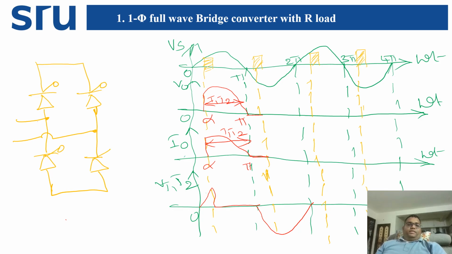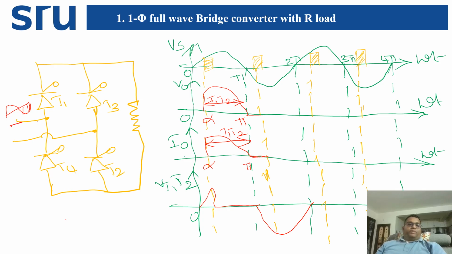Like this, we will connect the thyristors and take the resistive load over here and then connect it at last. Previously it was indicated that this is T1, T2, this is T3 and this is T4. Positive supply is over. Now we are going to take a negative supply.